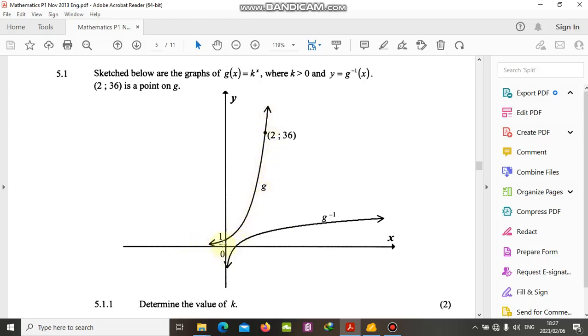The more you move to the right, the more the y value of the graph also increases. And it is also above the horizontal line. Why? Because a is positive. So k or a or r is just a variable letter representing a certain number.